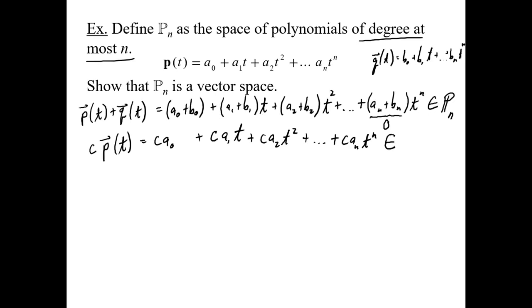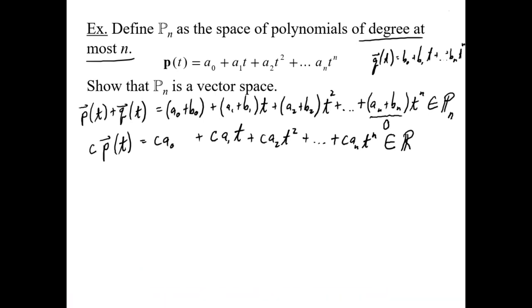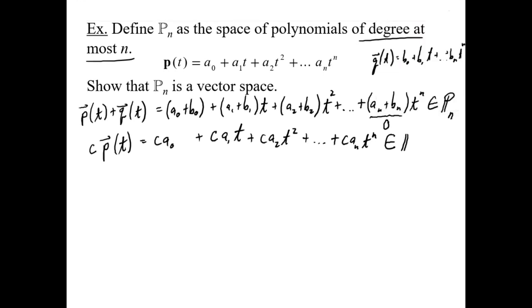And again, this is an element, that's not an R, it should be a P. This is an element of Pn. Okay, so again, we're left with a polynomial of degree at most n. So that's still in Pn.